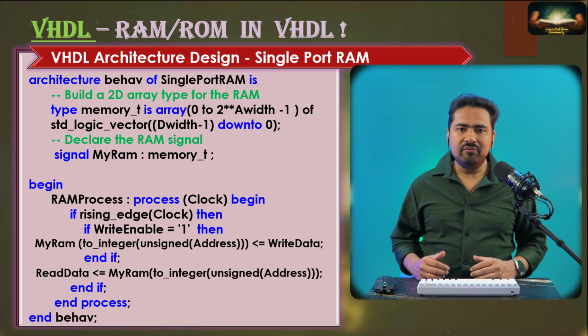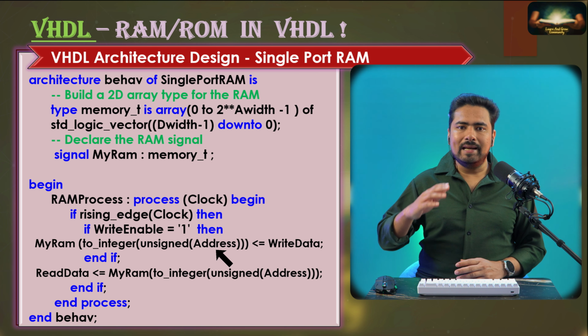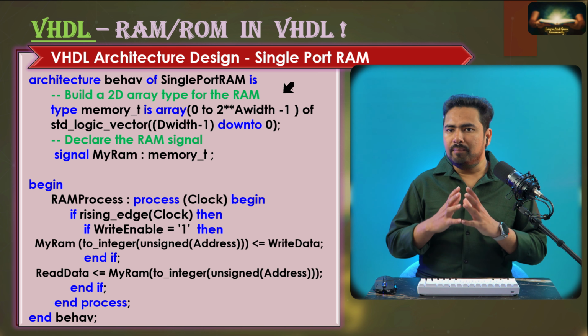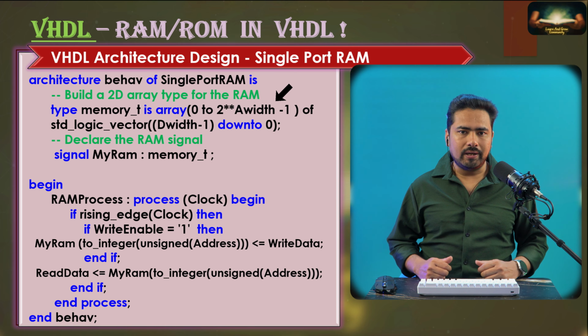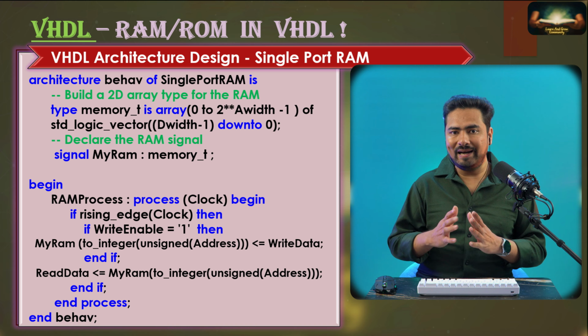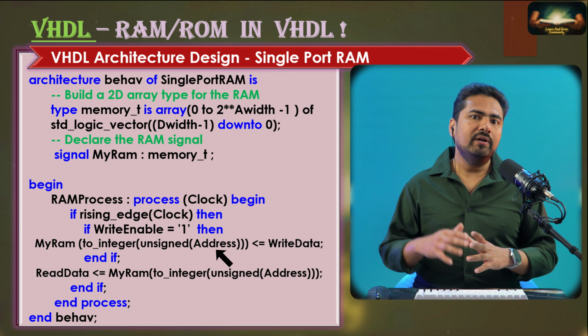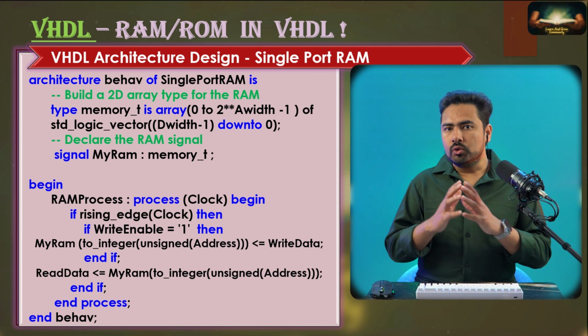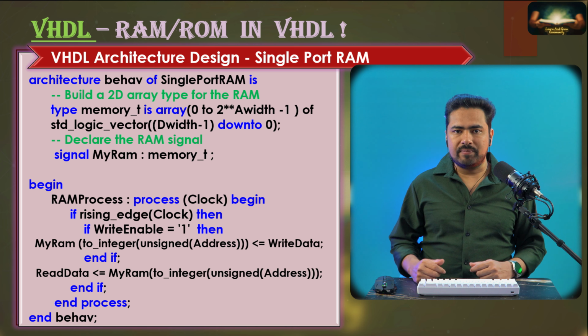So a quick brief: our address port is std_logic_vector and the memory address is integer type. So in VHDL, we cannot use the address port directly. We have to convert it into an integer. We perform this in two steps.